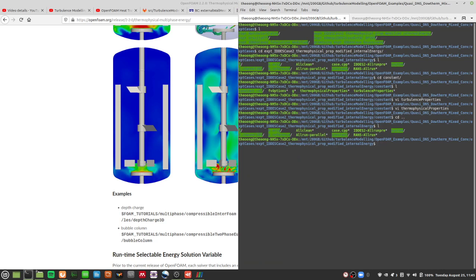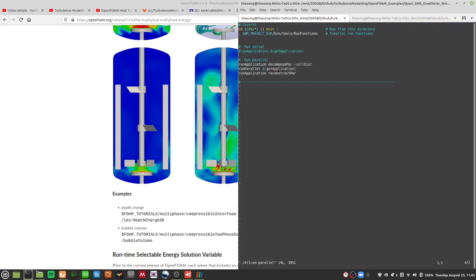Okay, so let me do blockMesh. Do I have an Allrun-parallel? Yes. And let me put a script here.